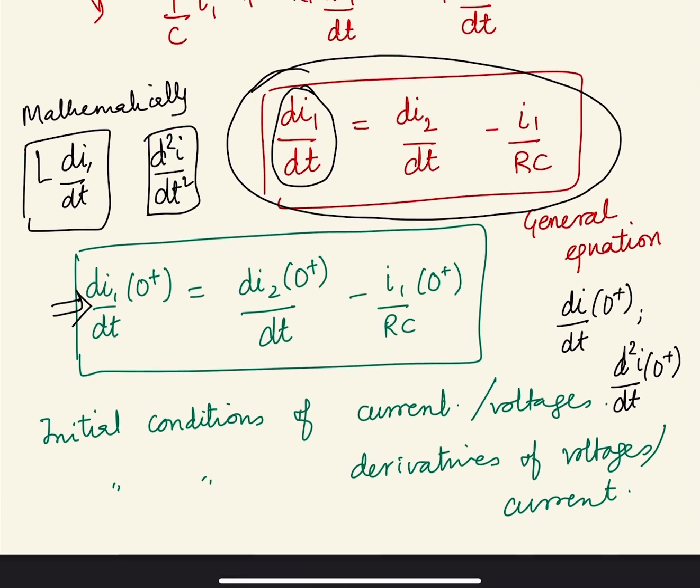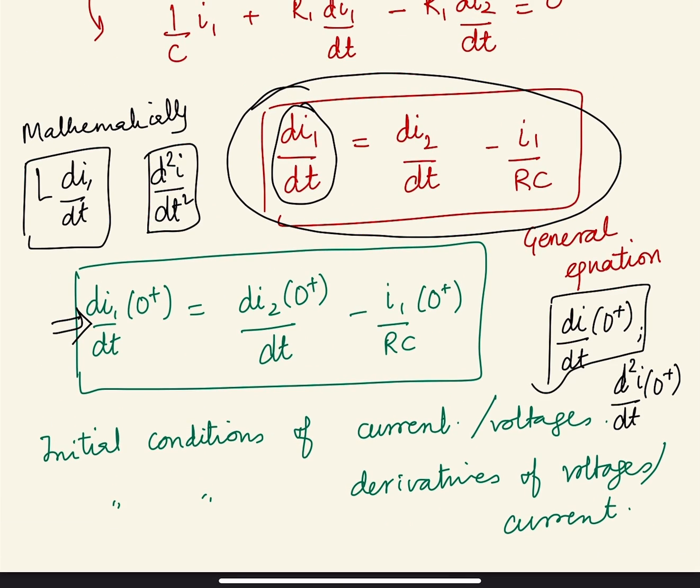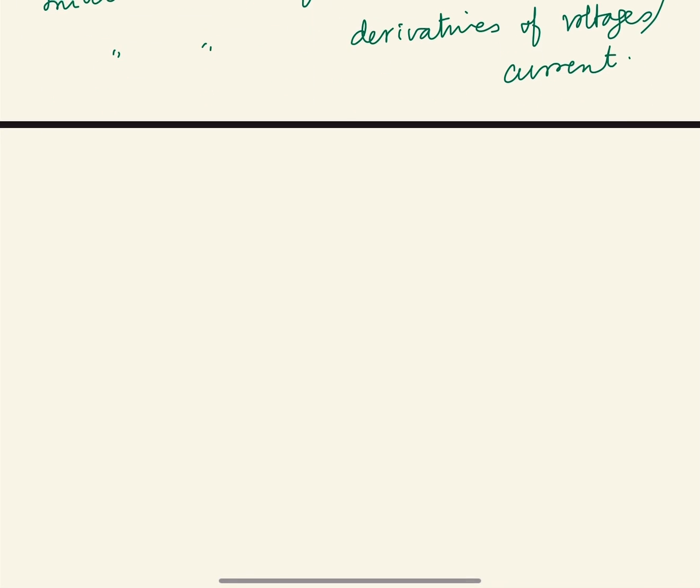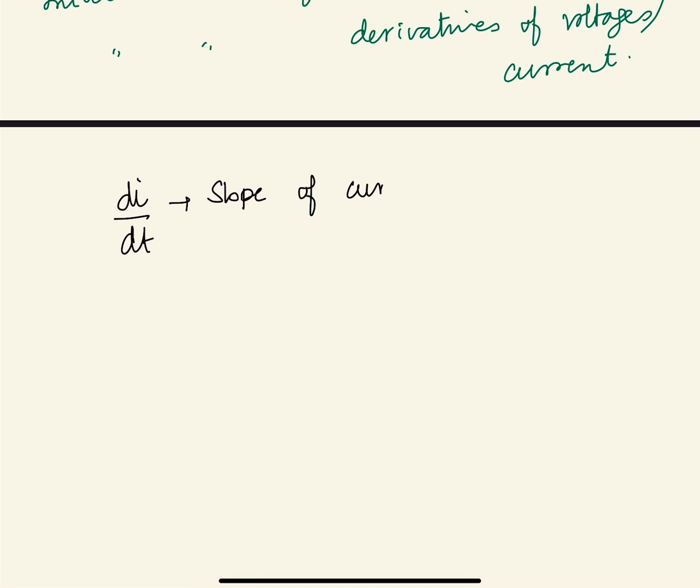The need for this will become clear if you go to the assignment, or to the reading that I had asked you, because this di by dt term is the slope, right? It is actually the slope of the curve, and it also determines the curvature of the waveform.